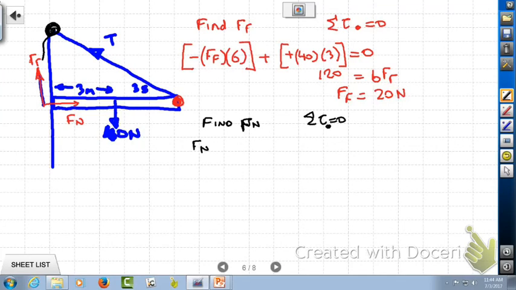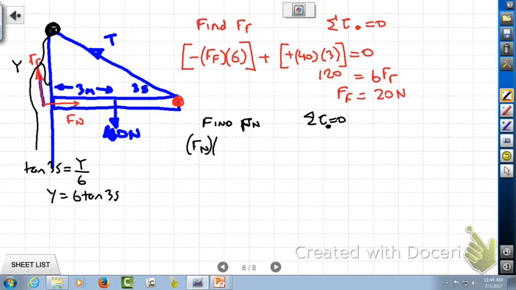That distance there, tan 35 is equal to that distance there, let's call it y, over 6. So y is equal to 6 tan 35. So Fn times 6 tan 35. So that's that bit done.